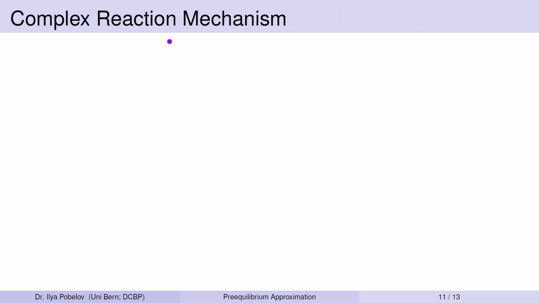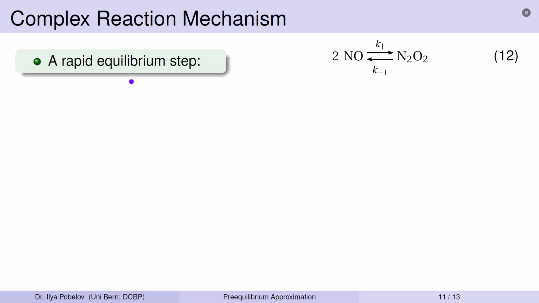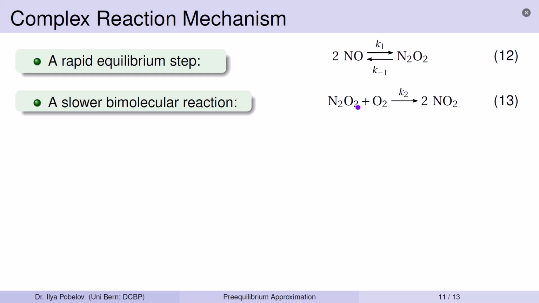The proposed alternative reaction mechanism involves two steps: a rapid equilibrium between NO and its dimer N2O2, and a slower bimolecular reaction between N2O2 and O2 to produce NO2. In the first step, the equilibrium in a reversible reaction between NO and N2O2 is established quickly compared to the rate of NO2 formation.